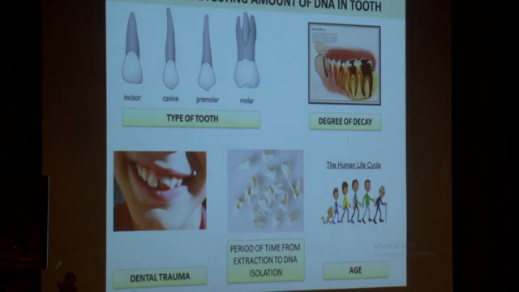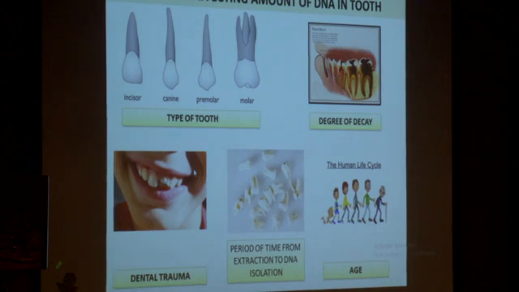First of all is the type of tooth. In incisors, the pulp chamber size is smaller, so you get less DNA. In case of molars, the pulp chamber size is bigger, so you get more DNA or cellular elements from here. The degree of decay: if the tooth is totally decayed, the amount of DNA that can be removed will be negligible compared to a healthy tooth. Definitely you get more DNA from here.